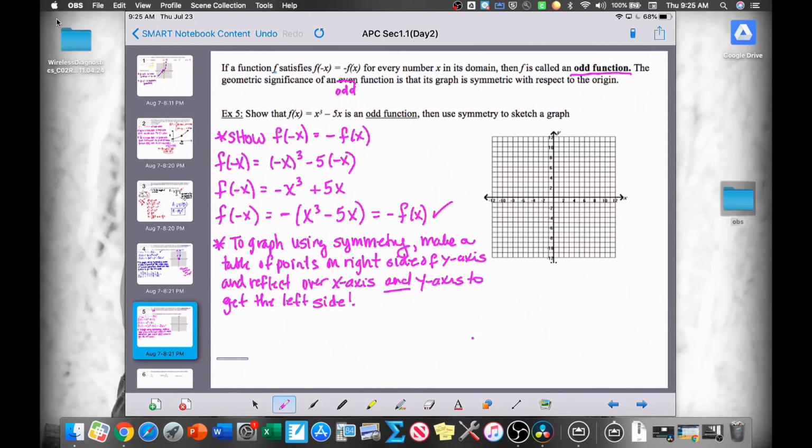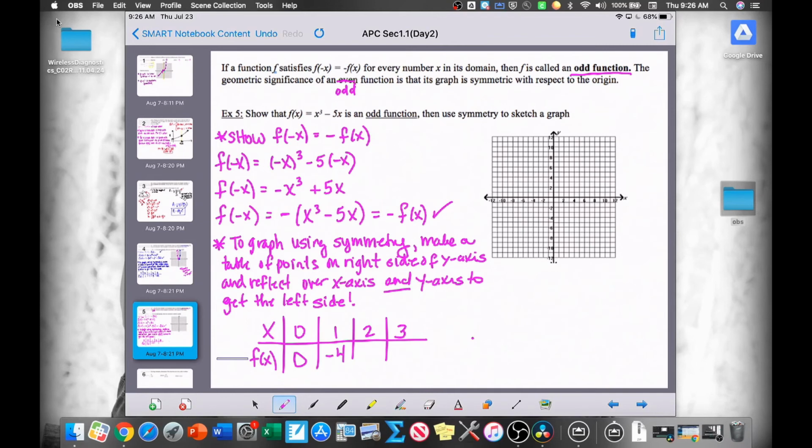Okay, so we're going to do exactly what we did in our last problem. We're going to make a table, choose a couple of x values, 0, 1, 2, and 3 always seem to work well. I am going to plug these into my function f of x and get my y values out. When I plug in 0, I get 0. When I plug in 1, 1 cubed minus 5 times 1, that gives me negative 4.